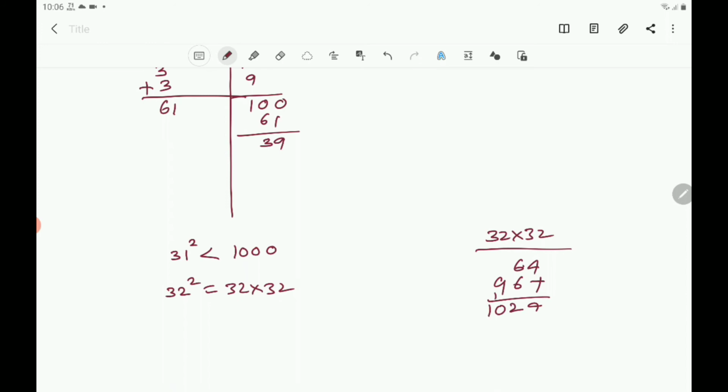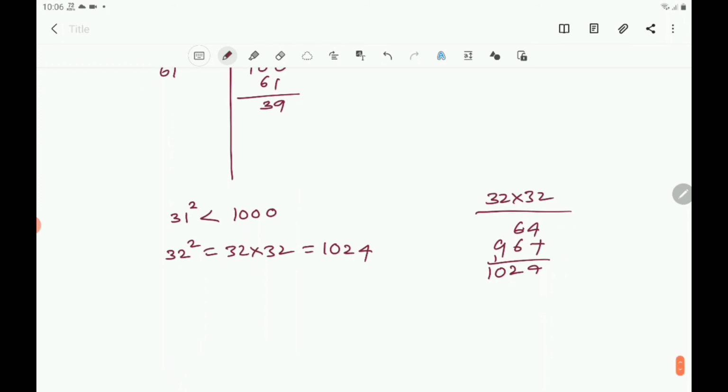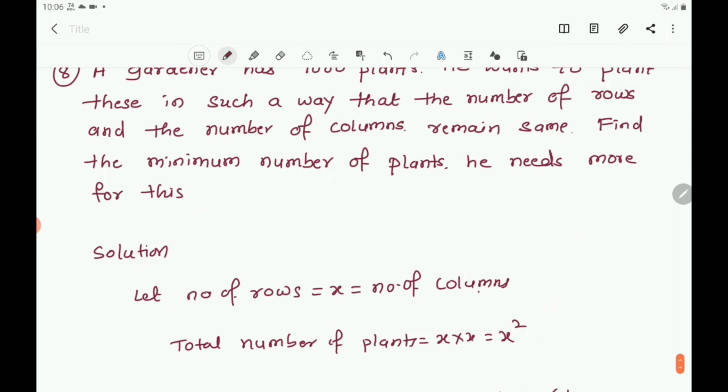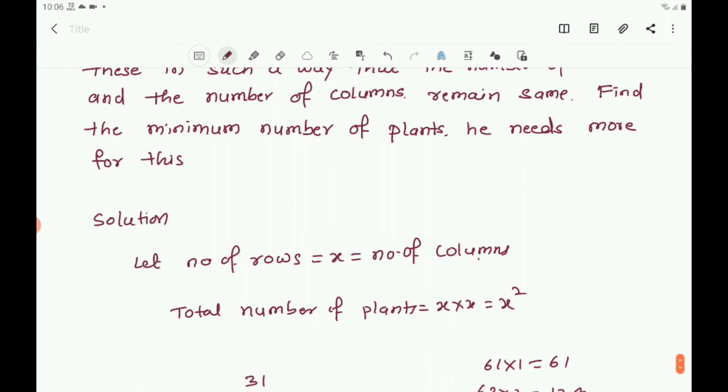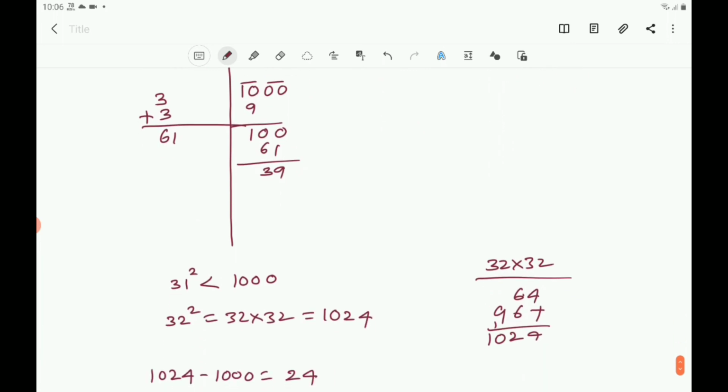You got 1024. Now to get 1024, what is to be added here? You know that is 1024 minus 1000, that equals 24. So 24 is to be added, which means here he needs 24 more. He needs 24 more.